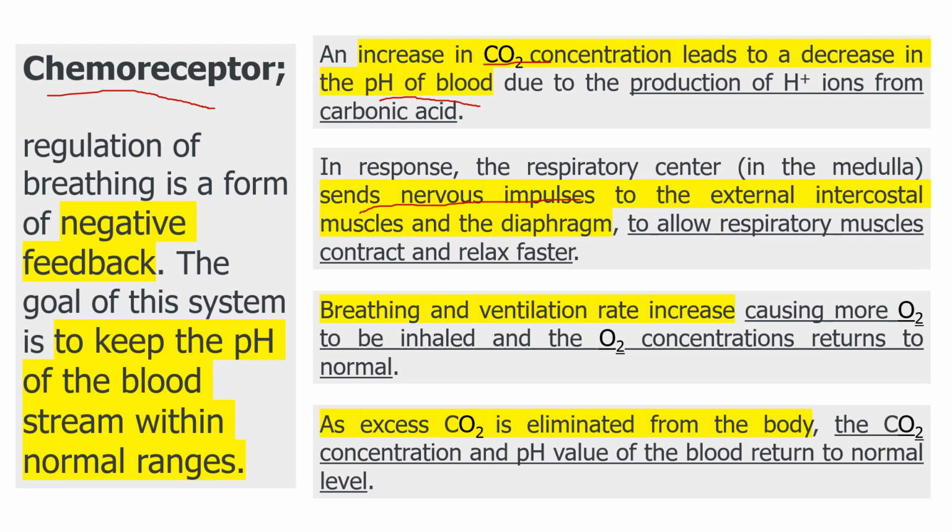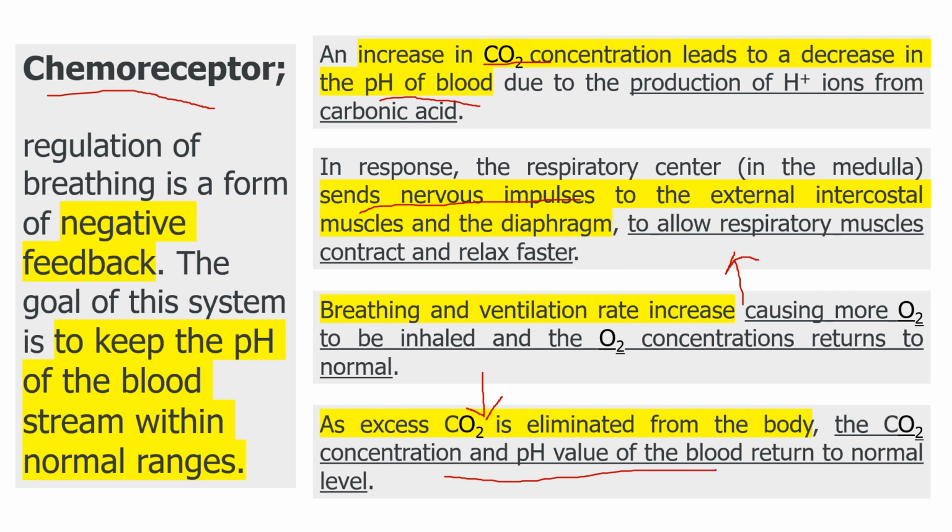Breathing and ventilation rate increase, causing more oxygen to be inhaled, and the oxygen concentration returns to normal. As excess carbon dioxide is eliminated from the body, the carbon dioxide concentration and pH value of the blood return to normal level.